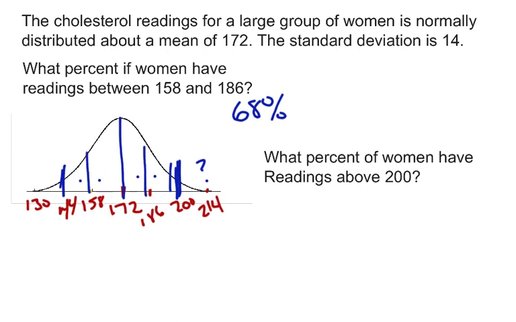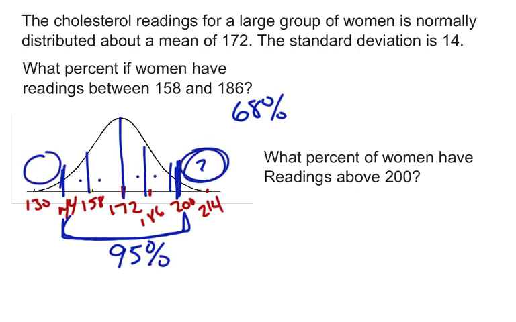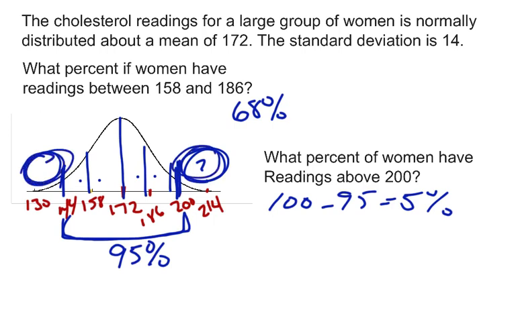Okay? 2 standard deviations mean that between 144 and 200, that takes care of 95% of the data. So how much is left over? Well, that means if we took 100 minus 95, we're left with 5%. And that 5% has to be split up evenly between both sides. So divide that in half, and we'll have 2.5% of the data will be above 200.